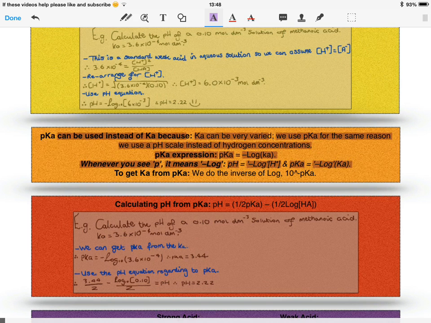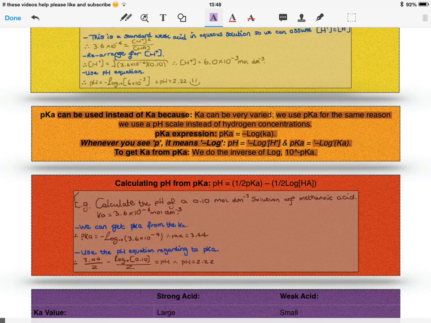To work backwards from this to get Ka from pKa, we do the inverse log, which is 10 to the power of minus pKa. To get that 10 to the power, we just press shift and log on your calculator, and a Casio will come up with the inverse of log.